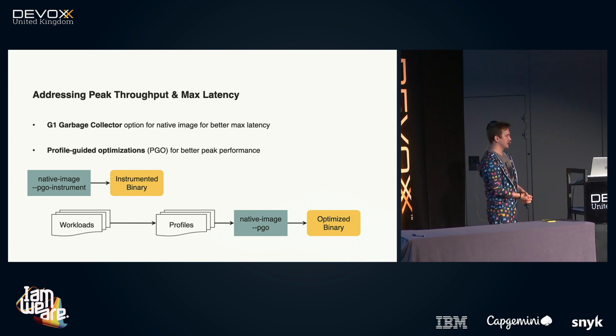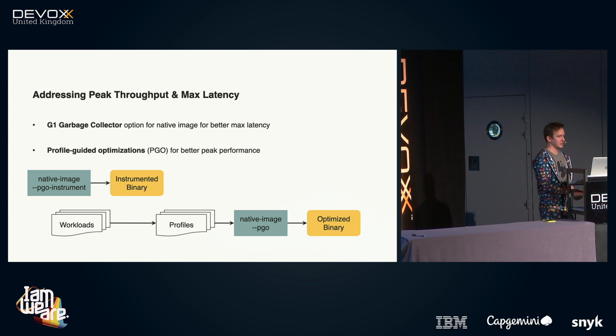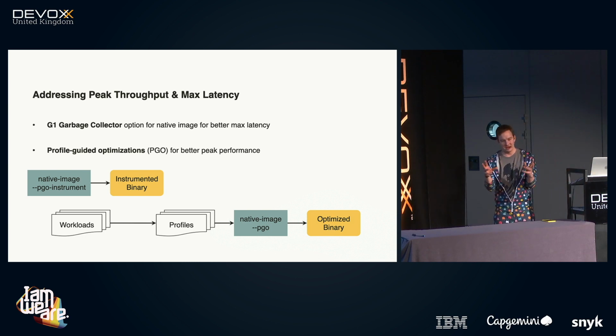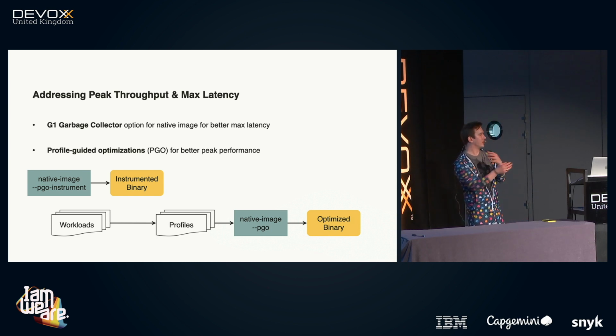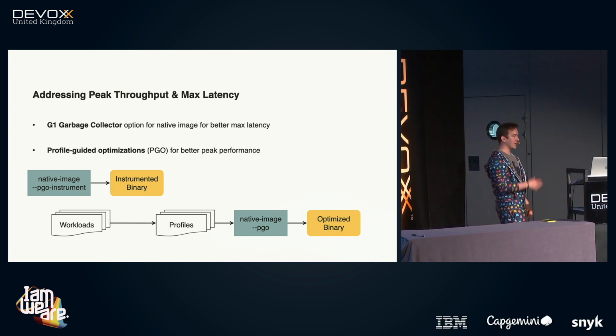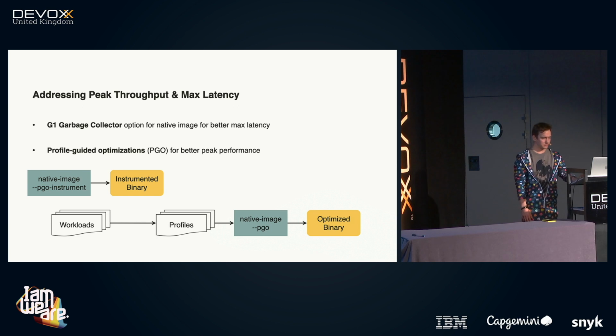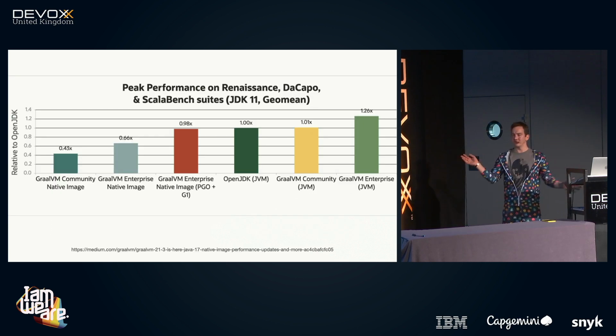There are some offerings, and in the GraalVM Enterprise Edition, you can use the G1 GC, and you can use profile guided optimizations, which is where you build an instrumented binary, and then you run it with a sample workload, and it will collect the profile, and then at the compilation stage, you can use that profile to compile code better, to optimize your code for that profile. This is something the JIT does at runtime, and this is something that native image in the GraalVM Enterprise Edition can do at compile time. And then it leads you to wonderful results.